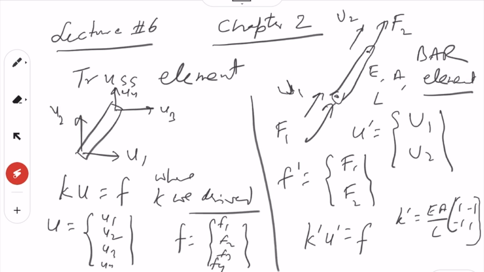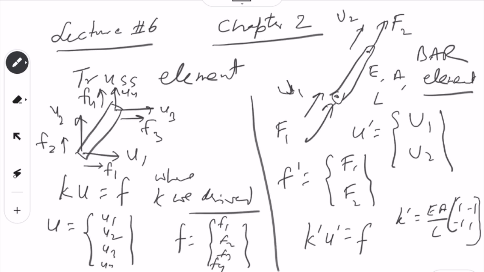Similarly, instead of saying u2, we are writing u3 and u4. Also, instead of saying F1, we are saying we have F1, F2, and then F3 and F4. So let's see how we can do that.